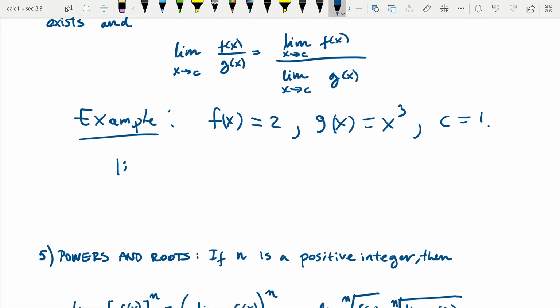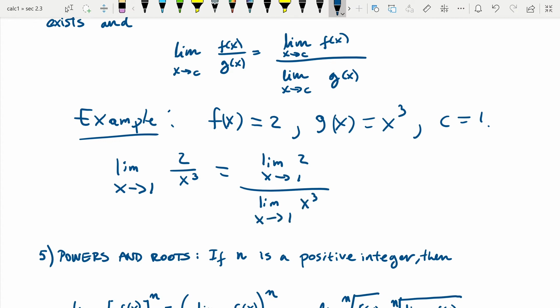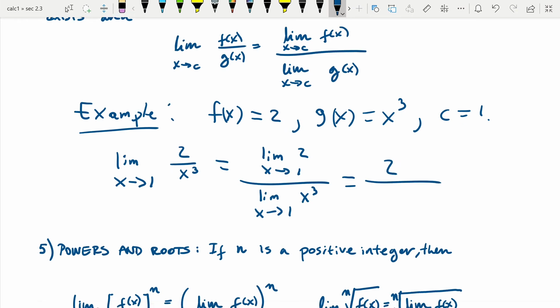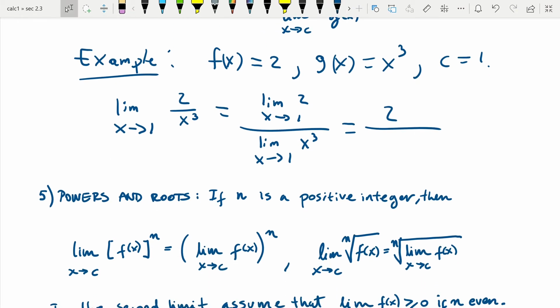Then this rule tells us that the limit as x approaches 1 of 2 over x cubed is given by the quotient, the limit of 2 as x approaches 1, divided by the limit as x approaches 1 of x cubed. But as x approaches 1, well, 2 is just 2, no matter what, so we get 2 on the top, and on the bottom, as x approaches 1, x cubed approaches 1, so we end up with 2. That's our limit.